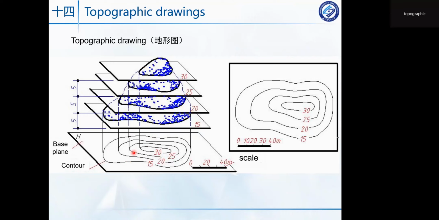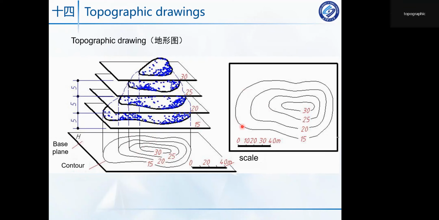But you also have to do more work, and it's not efficient. So whatever you do, you have to keep a balance between efficiency, detail and accuracy. So now we understand how we can get the topographic drawings.